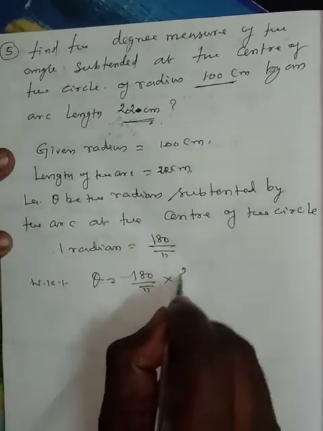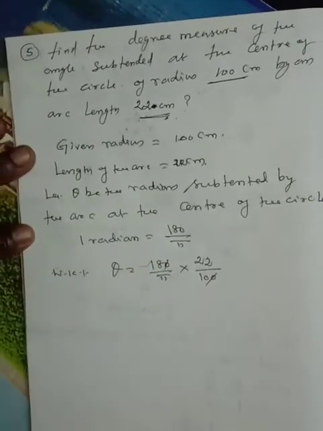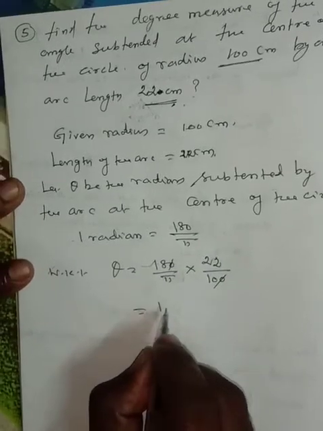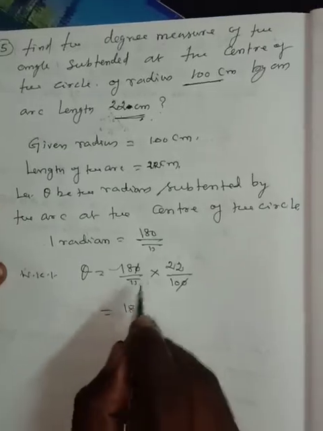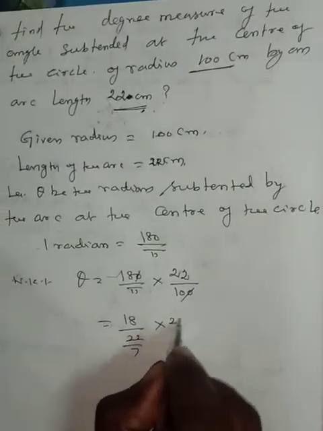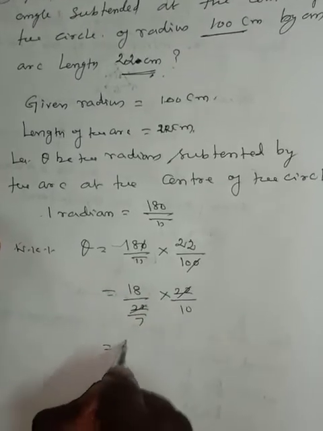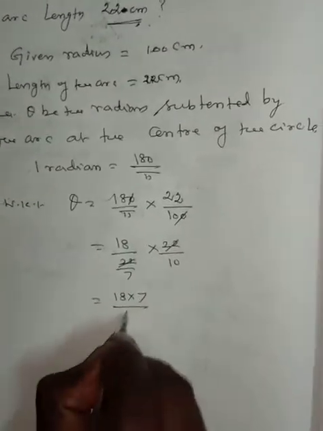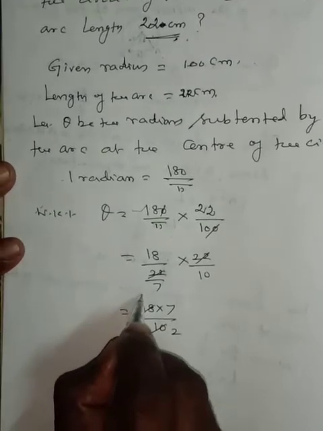So 22 divided by 100, 0 0 cancel. Is equal to 18 into 18 divided by 22 by 7 into 22 divided by 10. 22 cancel. 18 into 7 divided by 10. 2 5s are 10, 9 2s are 18.